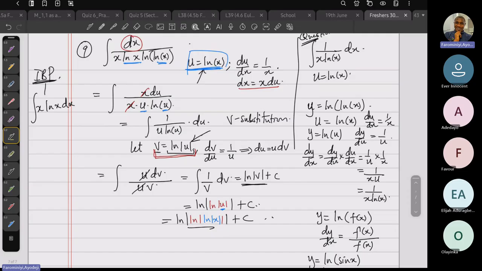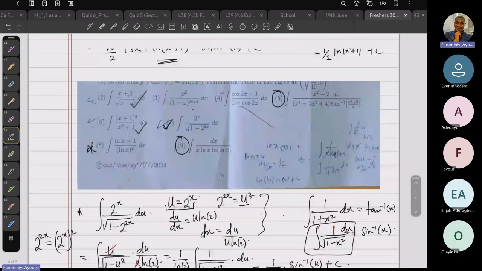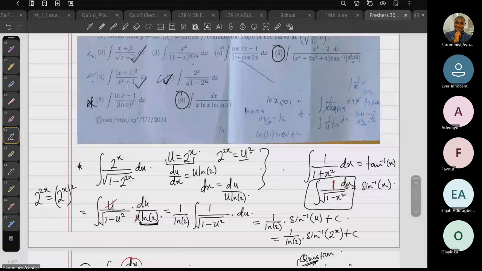One last one before we go. I'm beginning to get tired as well. So let's see if I can do number 5. I'll tell you what to do with 3 and 4 yourself.